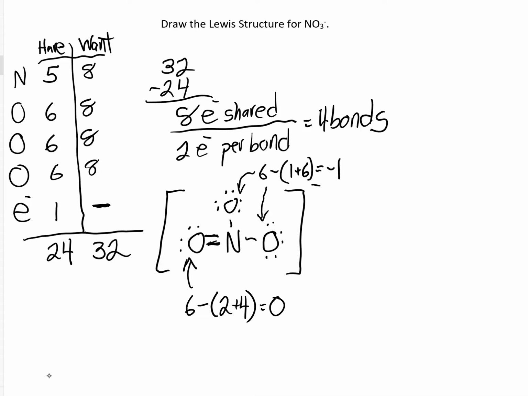So things are starting to not look so ideal now. Let's take a look at nitrogen. Nitrogen, we'll do it over here. Nitrogen has 5 valence electrons normally. It's got 4 bonds attached to it, plus no electrons, meaning it has a plus 1 formal charge.